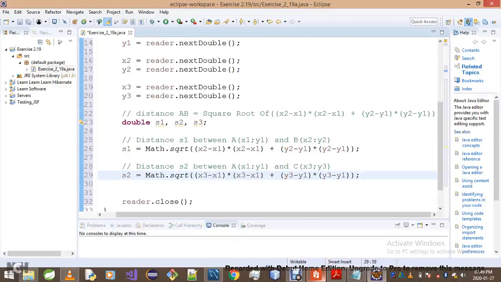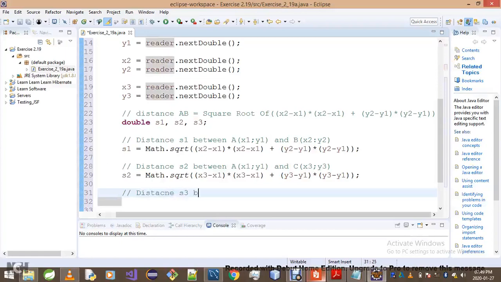Okay, it is time to find the very last side or distance. The distance S3 between B, which is given as x2, y2, and C, which is given as x3, y3.